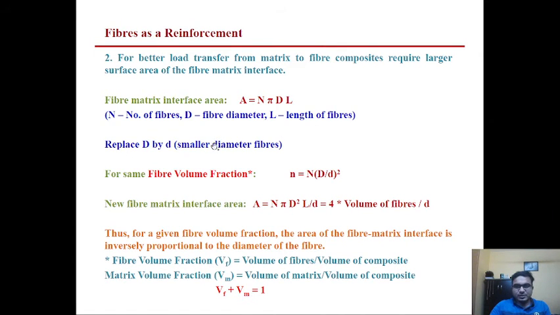We will not go into detail, but it can be seen that for a given volume fraction, the area of the fiber matrix interface is inversely proportional to the diameter of the fiber. So as the diameter of fiber reduces, there is a great increase in the area of the fiber matrix interface. Still, we are not going into detail of this. If you are very much interested, then you can go through it by yourself.